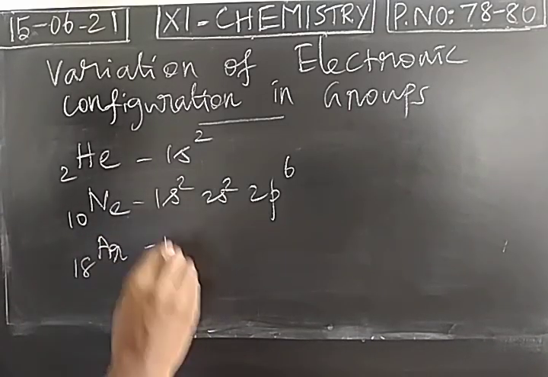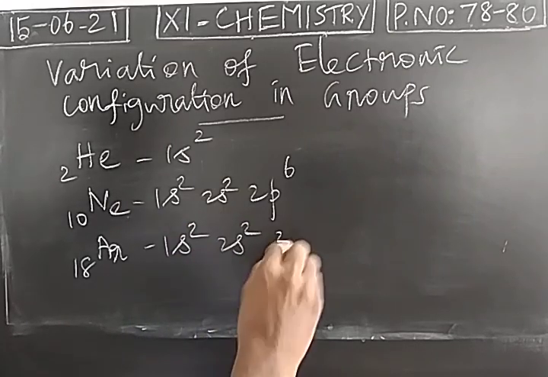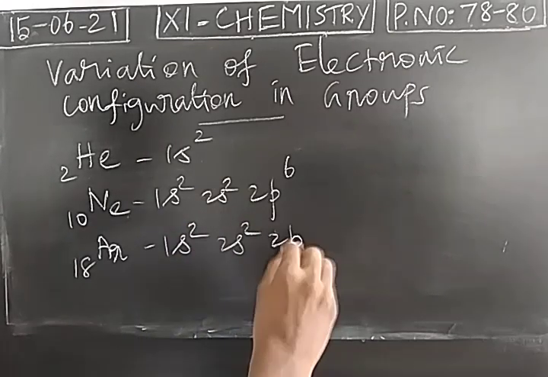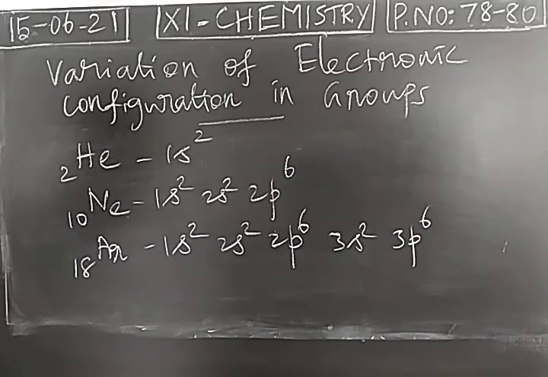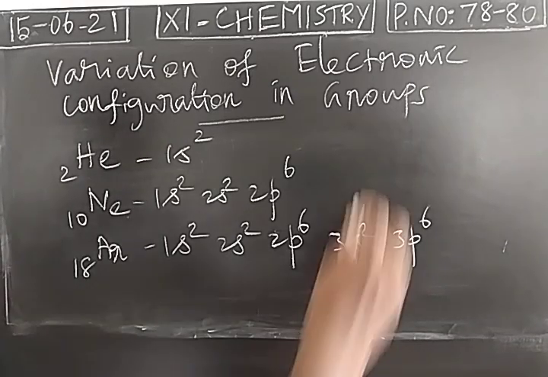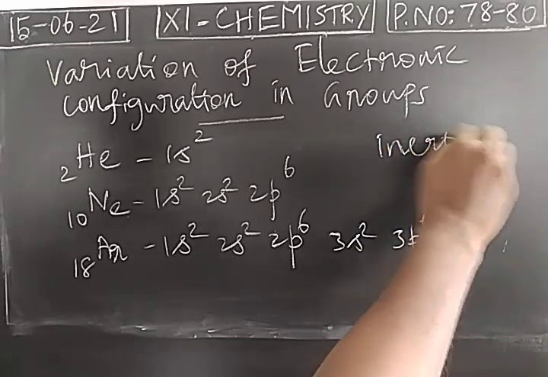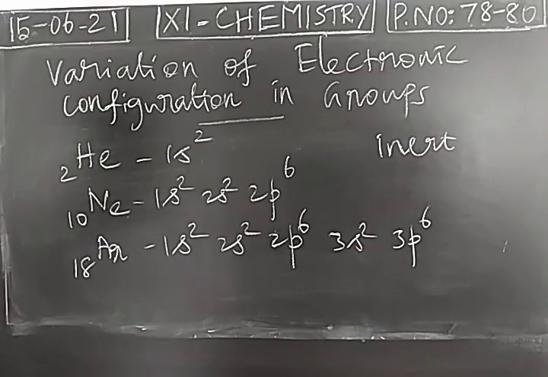Argon 1s2, 2s2, 2p6, 3s2, 3p6. All the orbitals are completely filled. So the elements in group number 18 are noble gases. They are inert in nature. They are stable. What is the meaning of inert? They will not be involved in chemical reactions. So noble gases are stable.